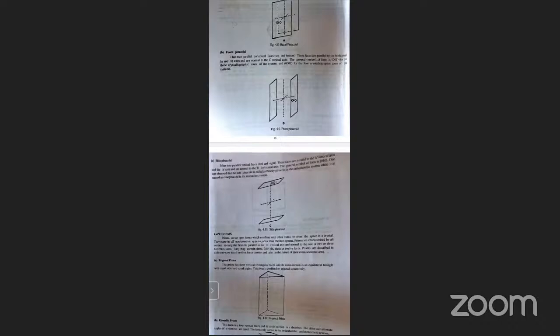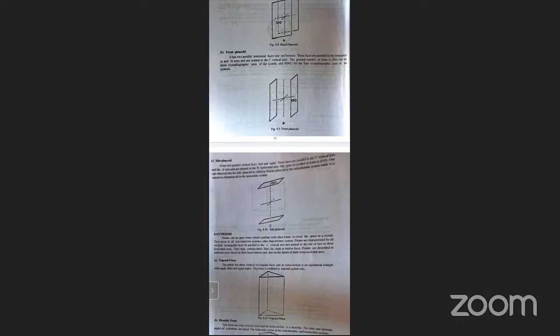These faces are parallel to the horizontal A and B axes. The A and B axes are normal to the vertical axis. The general symbol of this form is 0, 0, 1 for the three crystallographic axes system, and it is indicated as 0, 0, 0, 1 for a 4 crystallographic axis system.